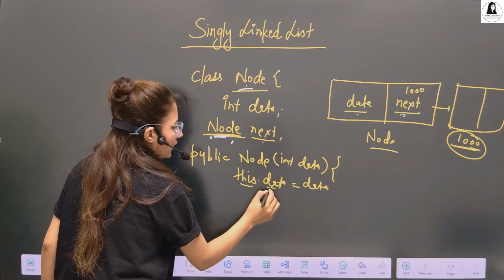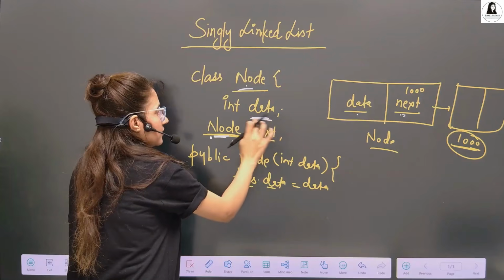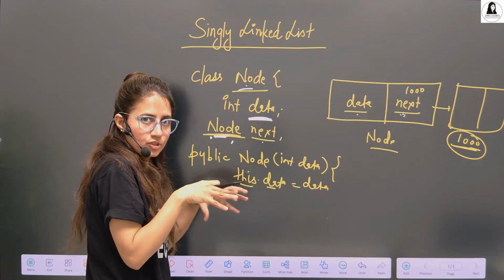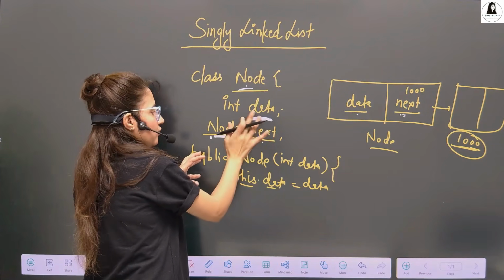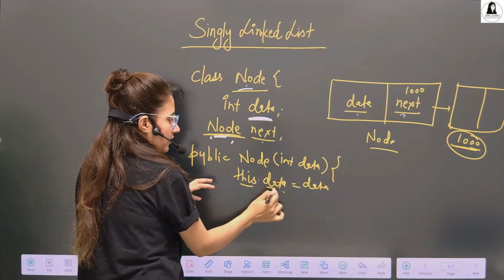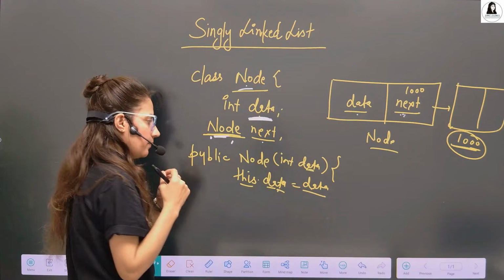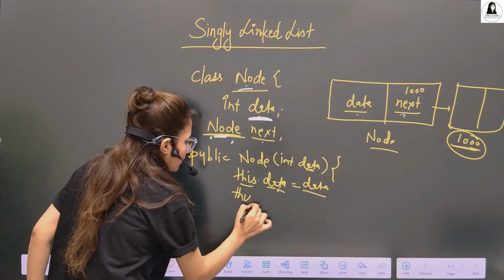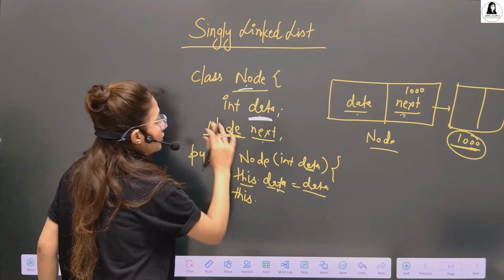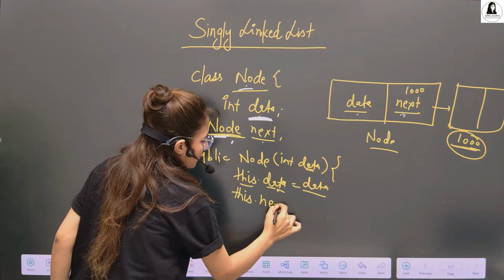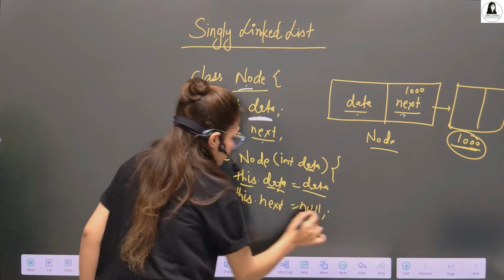So this.data means the current object and the field of that object. So this data is referring to this, and this data is referring to this parameter name. And this.next = null.